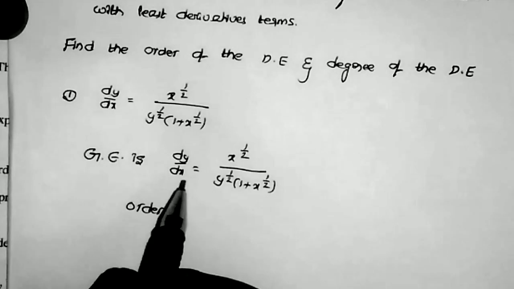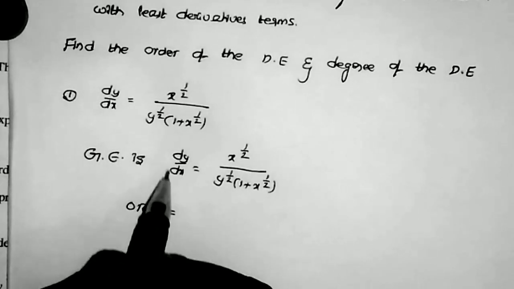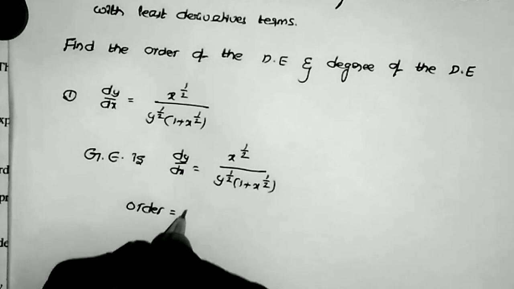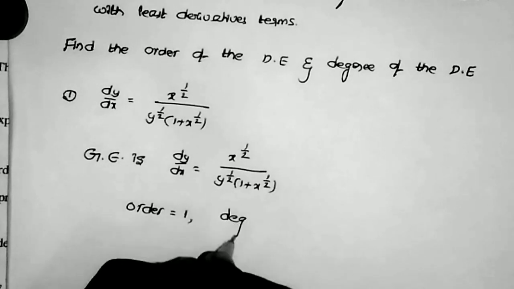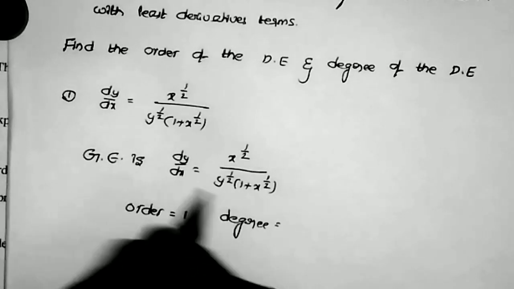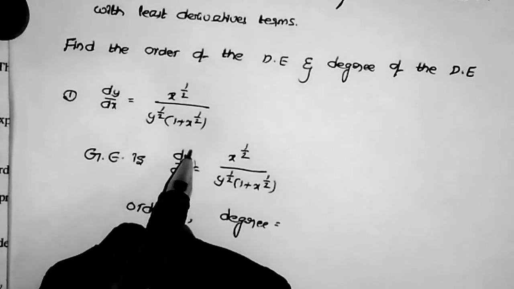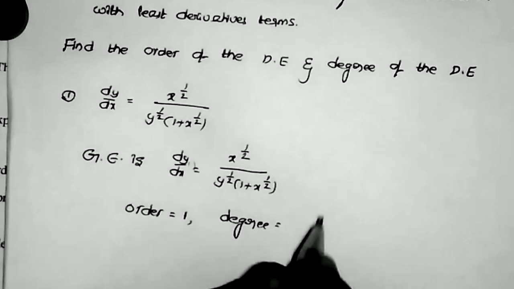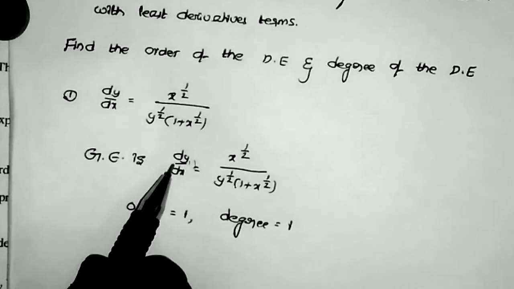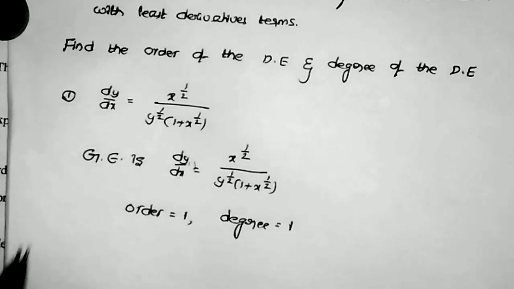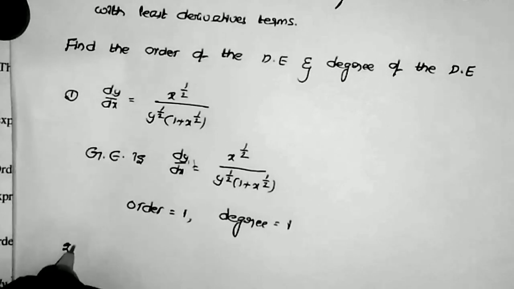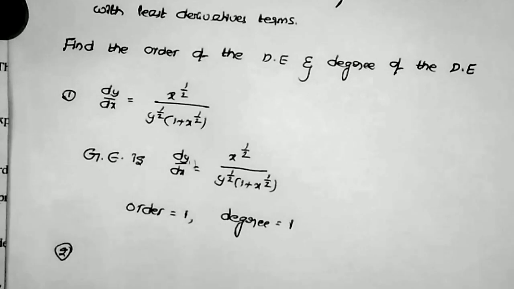Order is dy by dx. Here we have only one derivative, so order is equal to 1. And degree is the power of this term. There is no power, means here we have the power 1, dy by dx power 1, so degree is equal to 1. Highest derivative and power of the highest derivative. So order is equal to 1 and degree is equal to 1 for this equation.